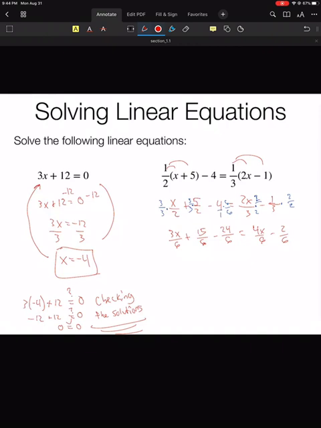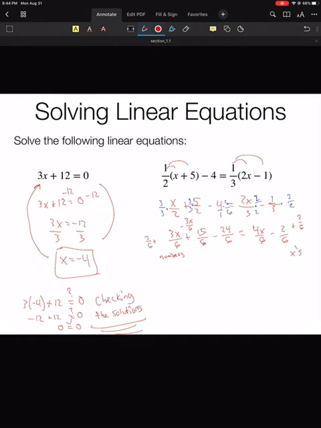I'm going to try to put the x's on the right side. So I want x's over here, and then I want just regular numbers over on the left side. Okay, so I'm going to do a bunch of arithmetic to do that. So I need to add 2 over 6 to get that on the left, and I need to subtract 3x over 6 on both sides to get what I want.